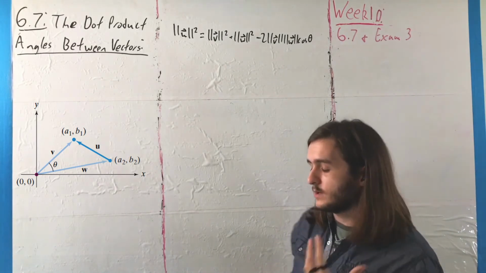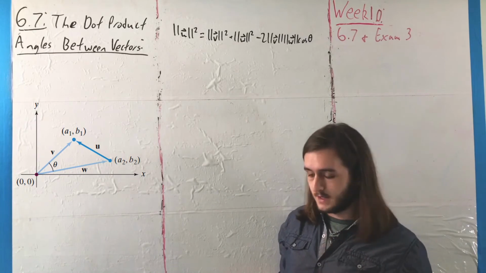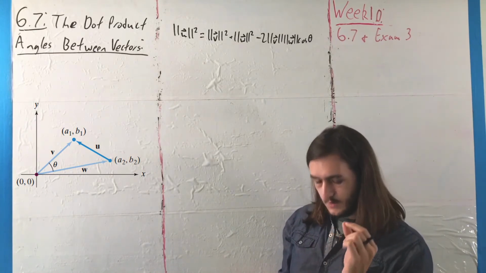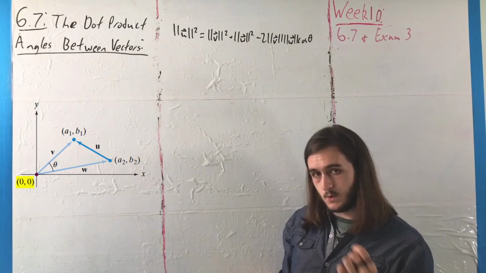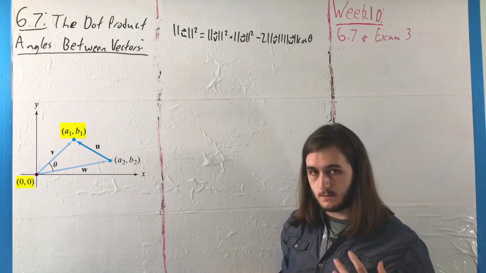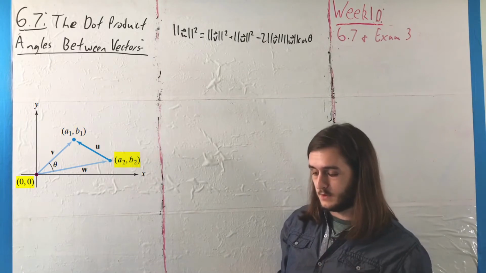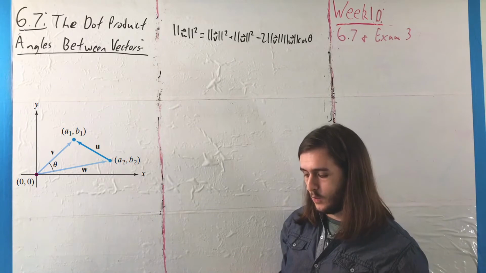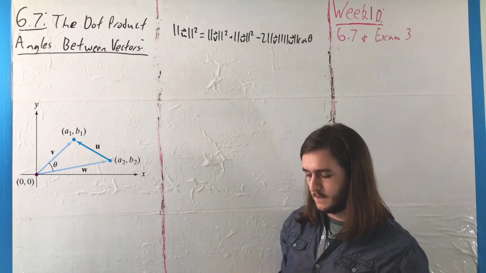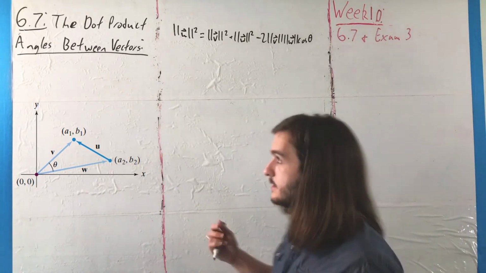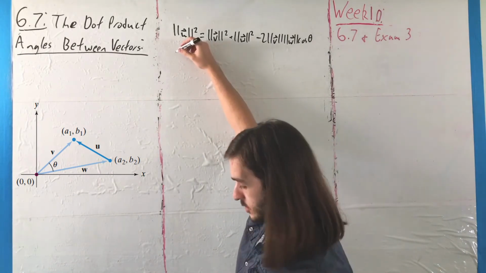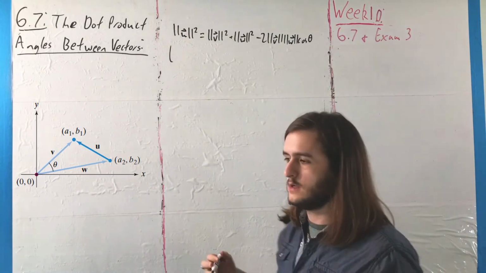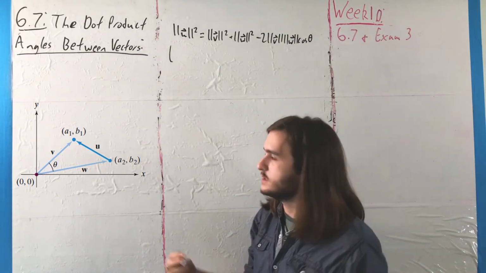But from here, we can think about what those magnitudes look like in terms of the points that we go from, where we're going from the origin to some a1, b1 for v and some a2, b2 for w. So if we want to talk about what's going on here, on the left side, we are going from a1, b1 to a2, b2.